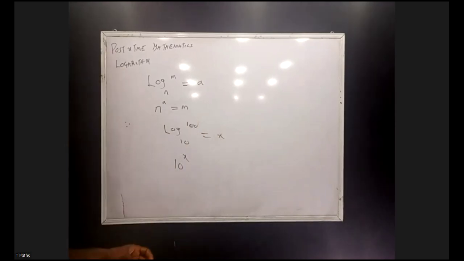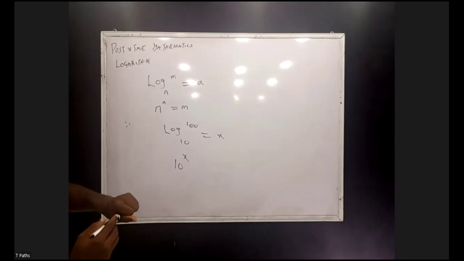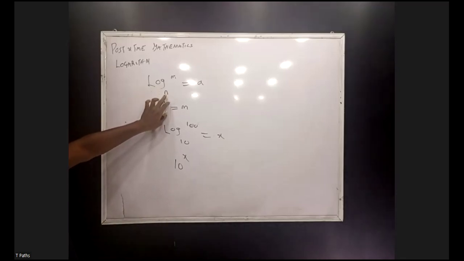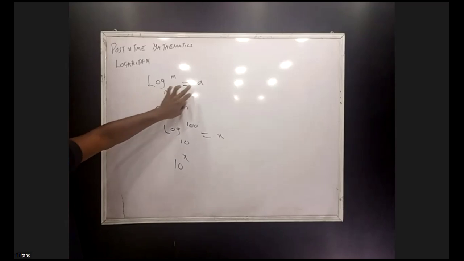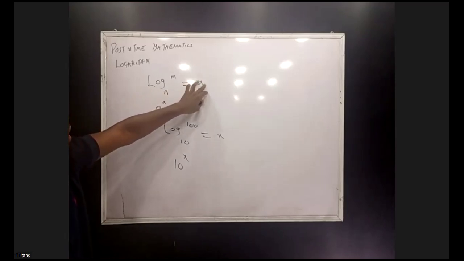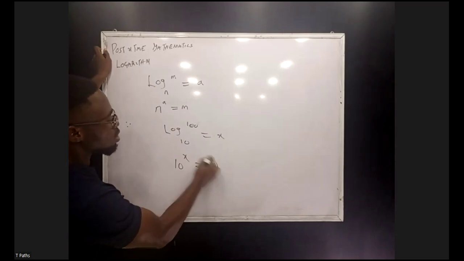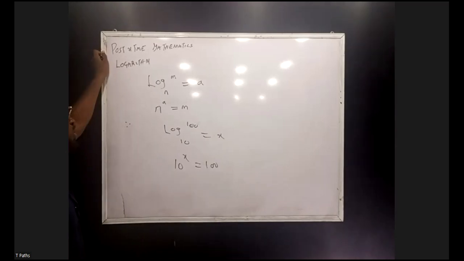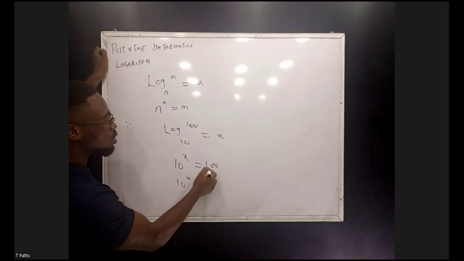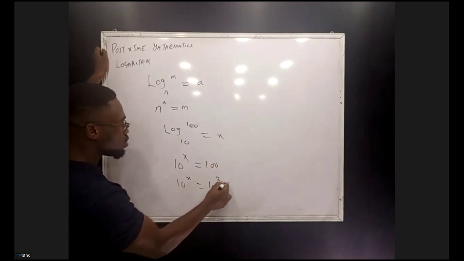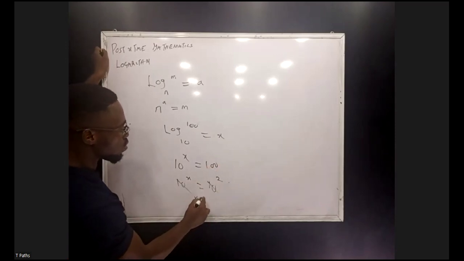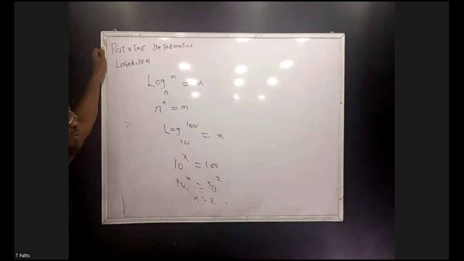Now, let's leave all of that jargon and apply what I have here. The base raised to this will give us back the number. So 10 raised to x will give us 100. From your indices, you know that 100 is 10 raised to what? 2. So x is equal to 2.